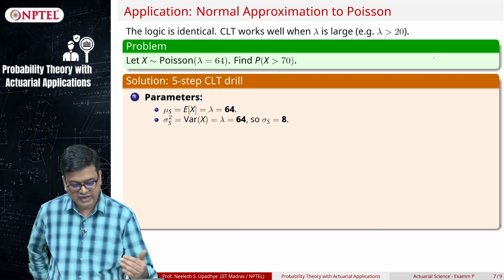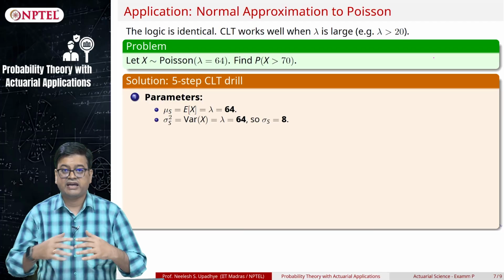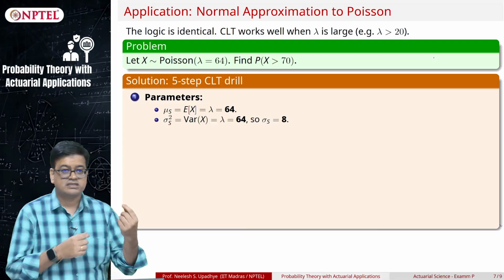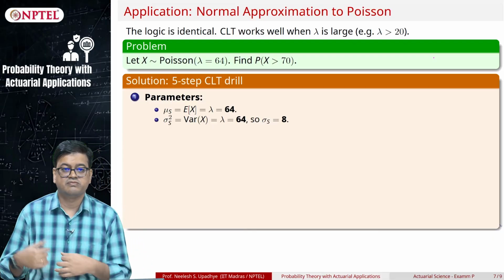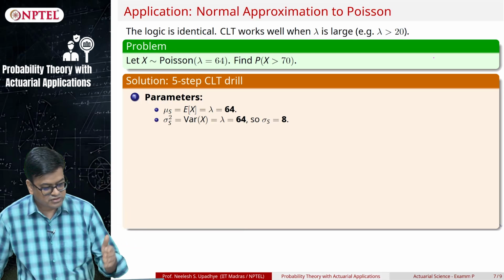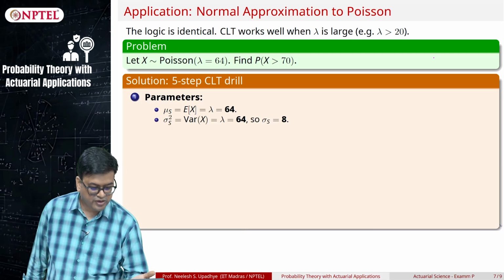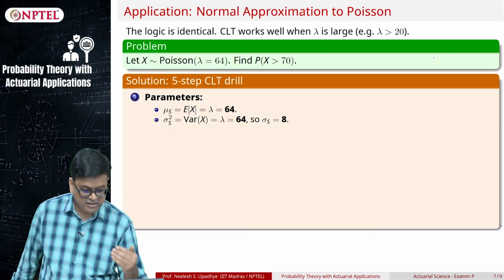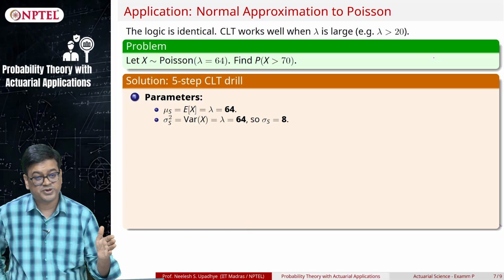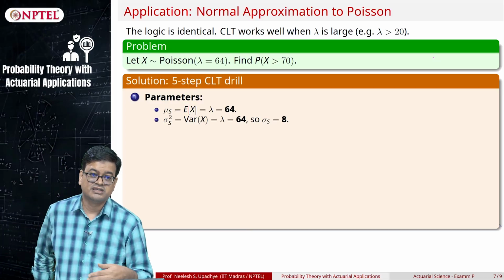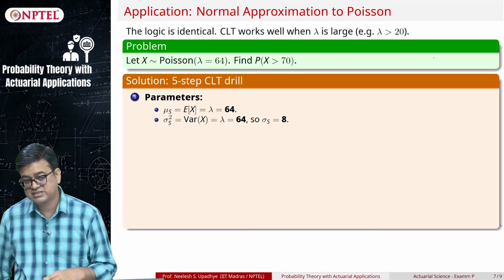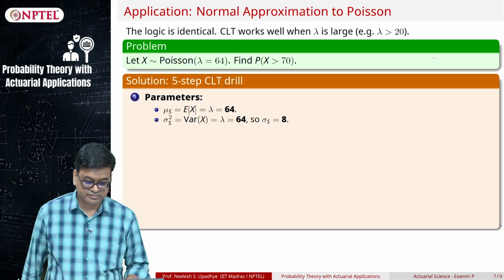So, if you have that particular thing, where I have used actually the result that we have proved in MGF, where sum of two independent Poisson random variables is again going to be Poisson, that is the result. So, if you apply that result, then you have to compute mu s, which is expected value of x, that is again lambda. Because it is Poisson, mean is equal to variance, so variance is also 64, and therefore the standard deviation is going to be 8.